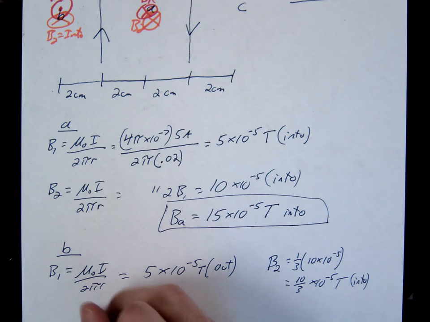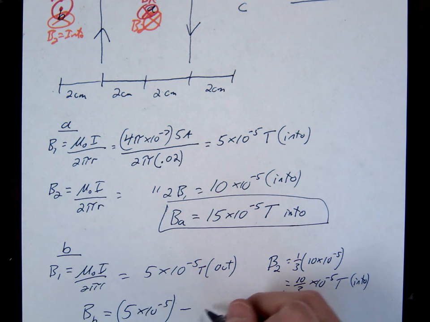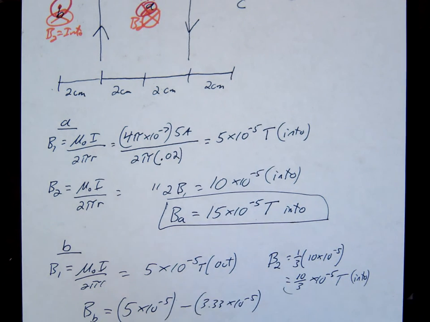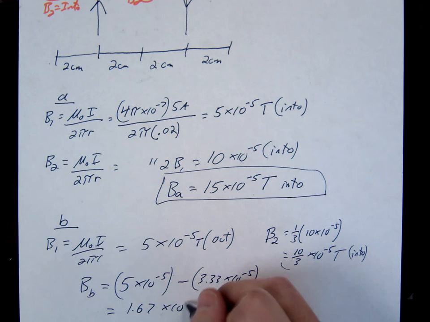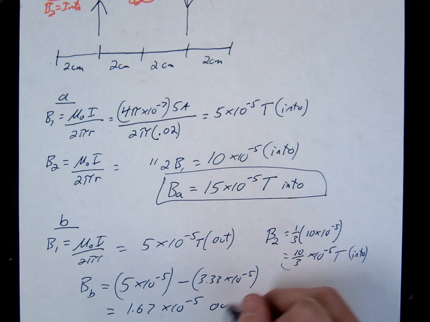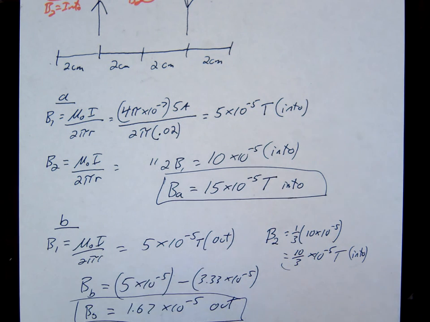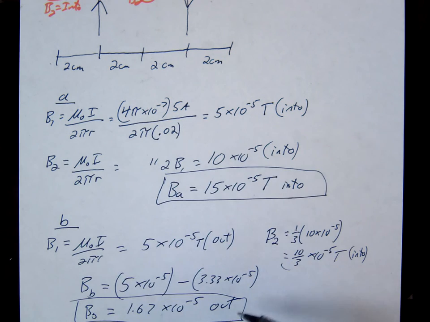So B at location B should be 5 times 10 to the negative 5th minus 3.33 times 10 to the negative 5th, which gives us a net of 1.67 times 10 to the negative 5th out. Notice how much weaker we are when we're on the outside versus when we're inside. So much weaker.